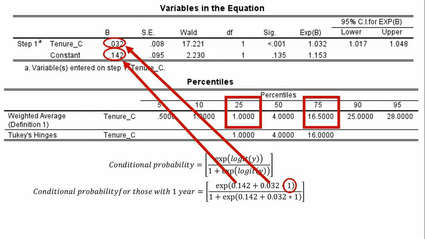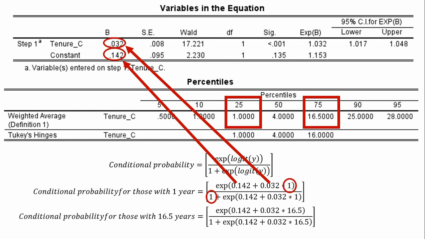The only difference at the bottom is that we add 1 to it. And we do the same for those with 16.5 years with their current organization. Again, the only difference is that since we are calculating the probability of sharing expertise with others for those who spend 16.5 years with their current organization, we simply plug in 16.5 for tenure.